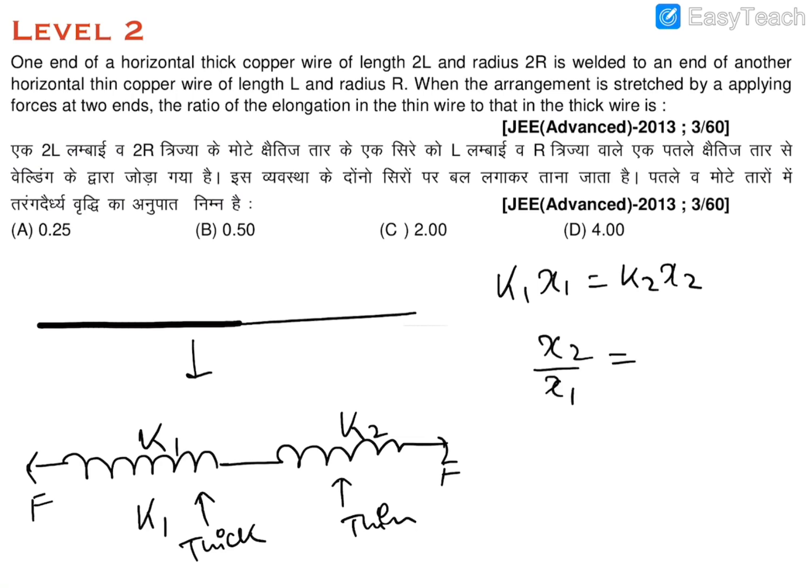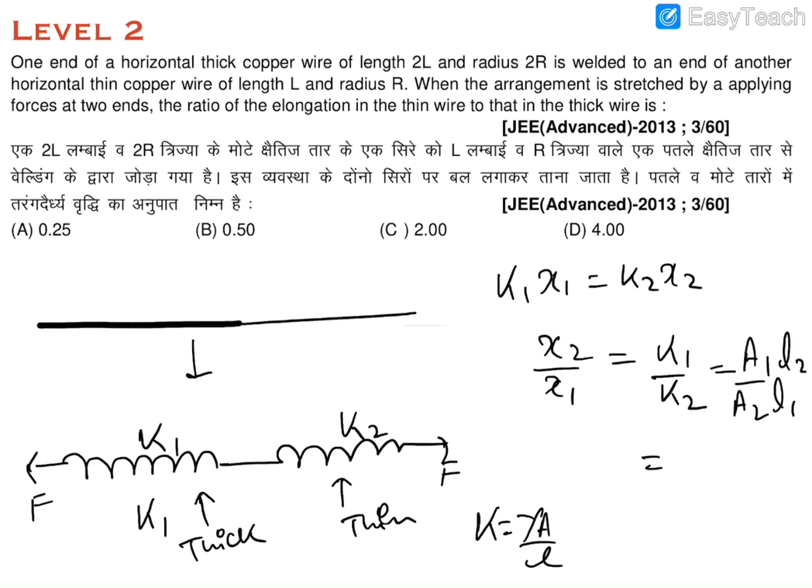So x2 by x1 will be equal to K1 by K2. Now you can see that one wire is of copper and the other wire is also of copper. Therefore gamma will be the same, and we know that K is equal to gamma A by l. So K1 by K2 will be equal to A1 by A2 upon l1 by l2.